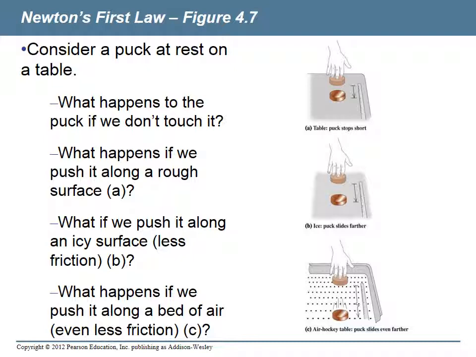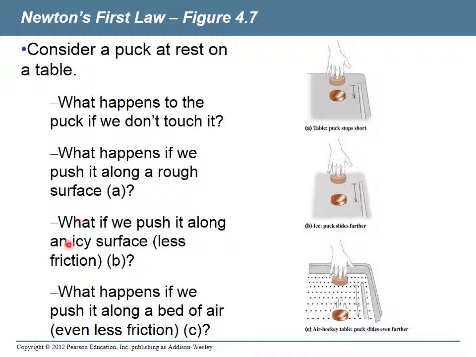And then if we push on it, look at A here, what happens if we push it along a rough surface like we're doing here? We push it with some little force and it moves some short distance, and it slows down, right?